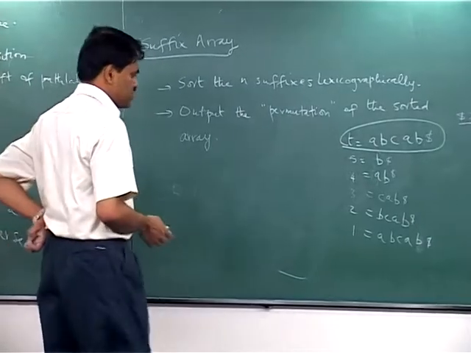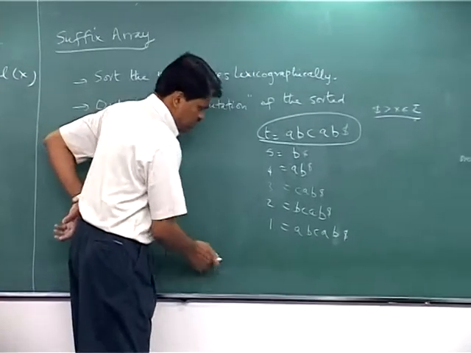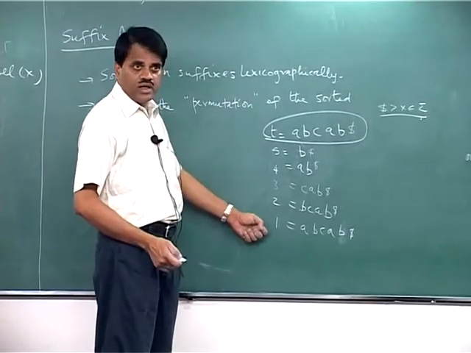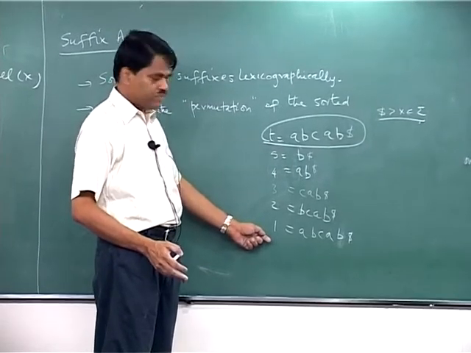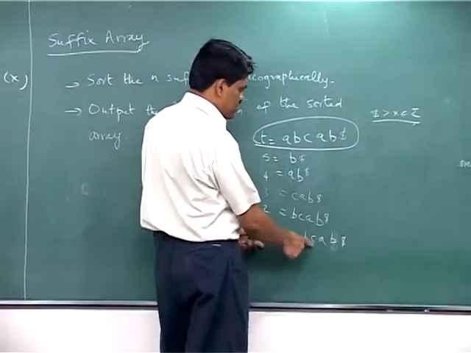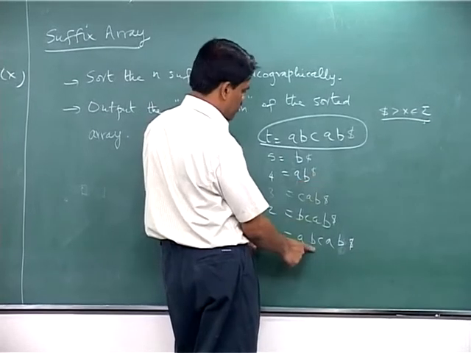So, which one will be the first? This one, right? ABC, AB, because C is smaller than dollar, so this will come first.